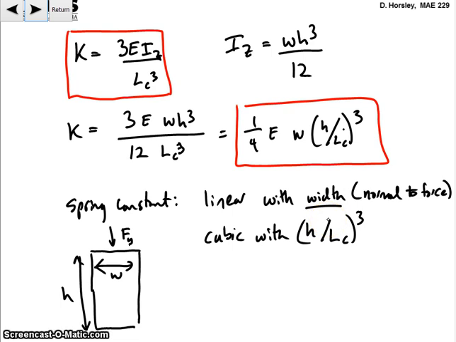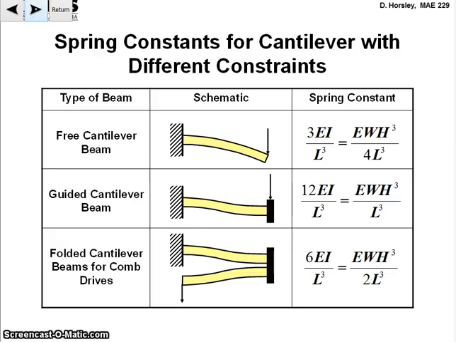All right, so we use combinations of cantilevers to construct springs. We have the free cantilever, it's the one we solved, and here's where we get the spring constant, right? This is what we wrote down as K, I'll call it the cantilever spring constant.